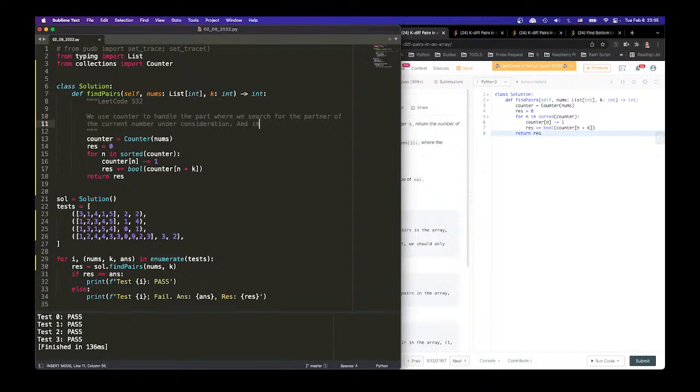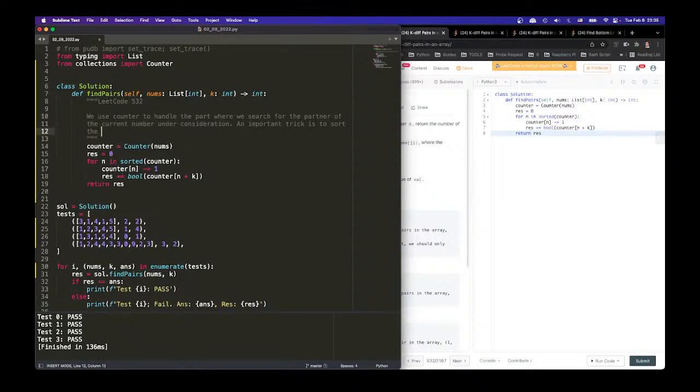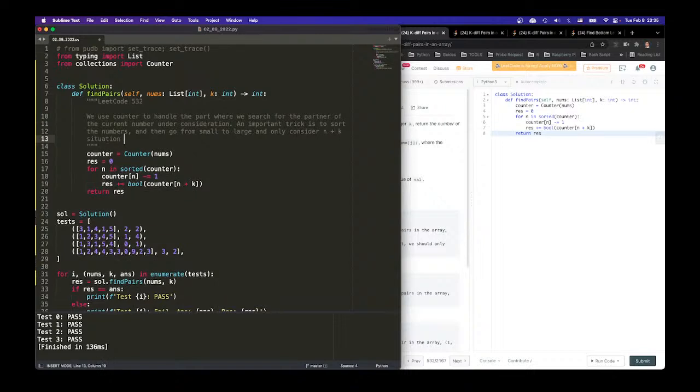An important trick is to sort the numbers and then go from small to large, and only consider the n plus k situation.